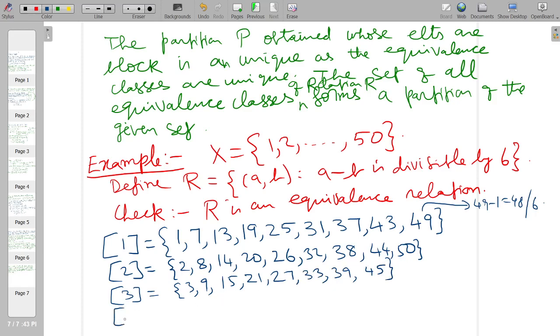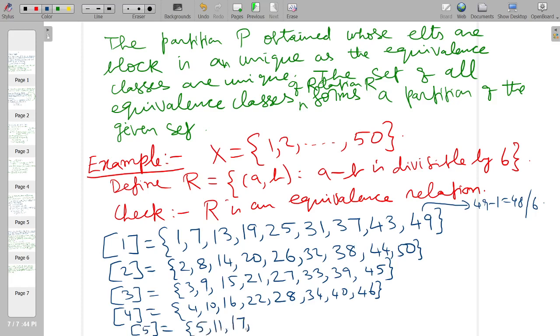And similarly, the equivalence class of 4 would be 4, 10, 16, 22, 28, 34, 40, 46. The equivalence class of 5 would be 5, 11, 17, 23, 29, 35, 41, 47.